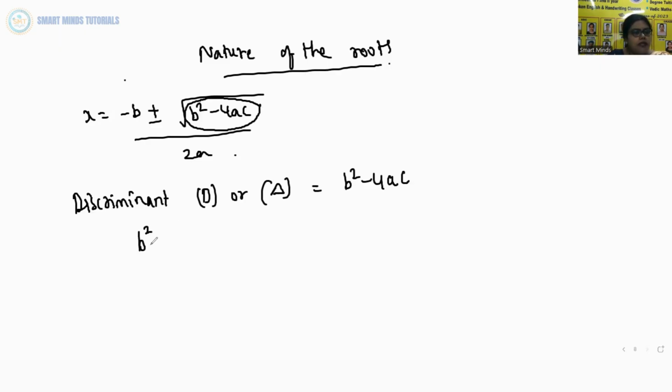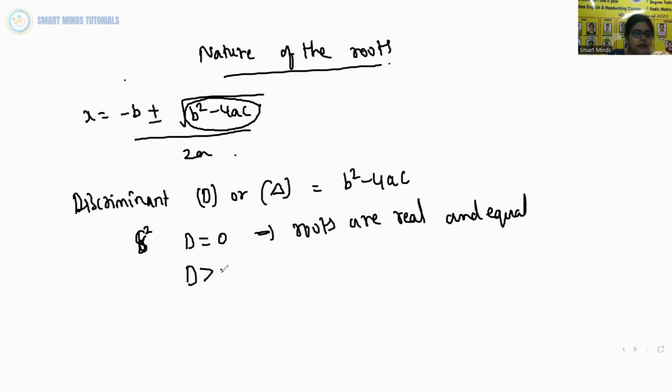If delta or d is equal to 0, then you can say that roots are real and equal. And if discriminant is greater than 0, that is if you are getting a positive value, then roots are real and distinct.